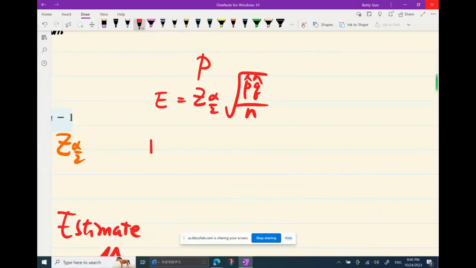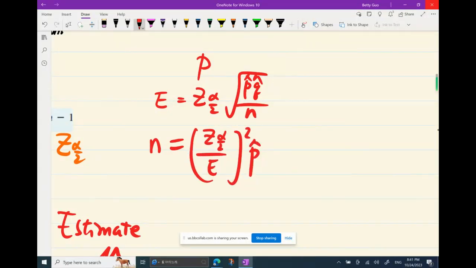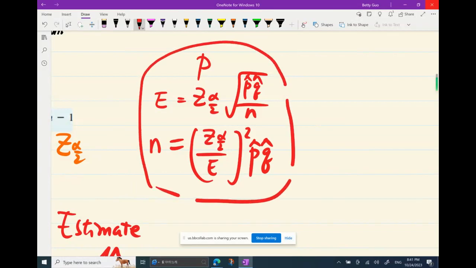And the formula to find the minimum sample size is derived from this formula. Basically, the two formulas are the same formula. So we have n equals z alpha over 2 over E, squared, times p hat q hat.